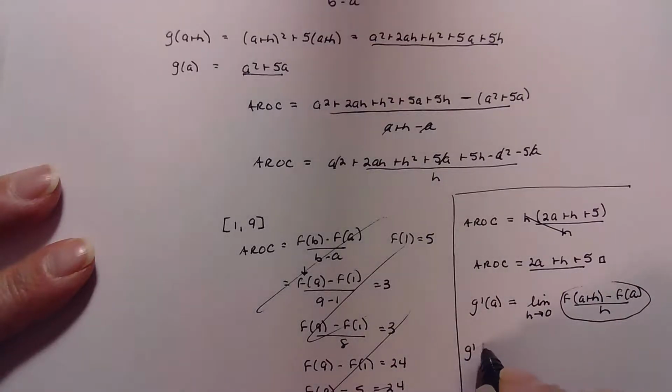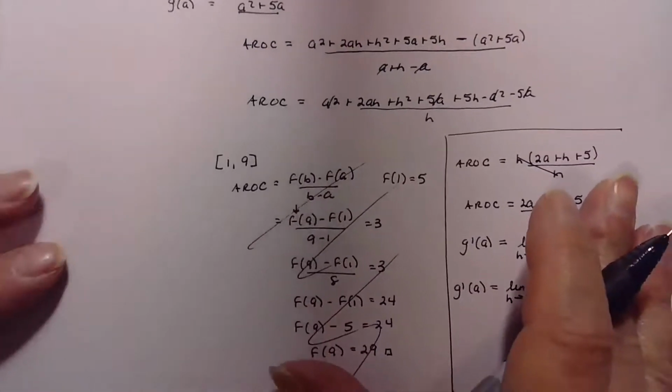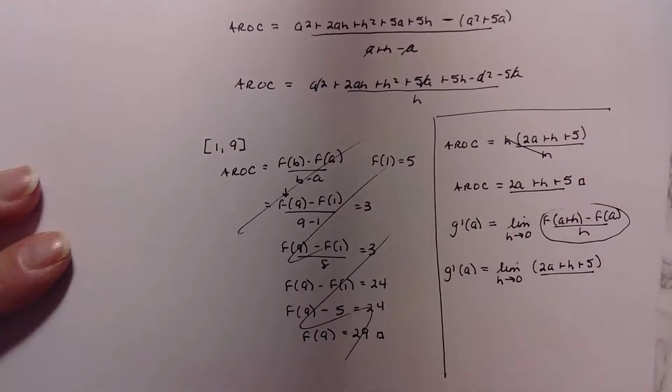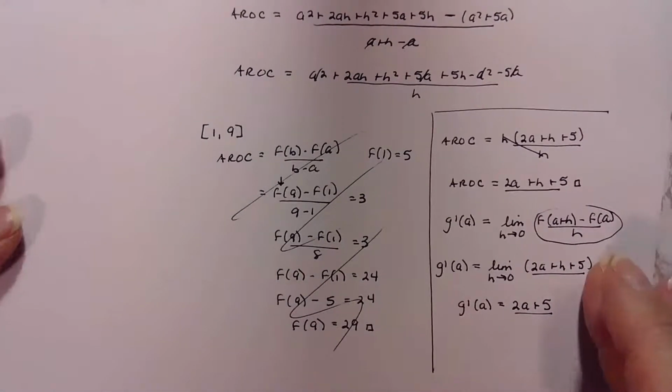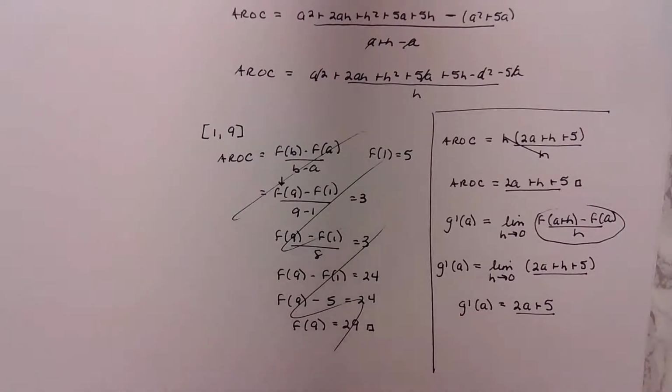So we'd say g prime of a is equal to the limit as h approaches 0 of 2a plus h plus 5. I can't simplify this expression anymore. So at this point I'm going to take the limit, meaning I'm going to plug the 0 in for h. So we'd say g prime of a is equal to 2a plus 5. So what we found is the derivative of the given function at a point, x equals a.